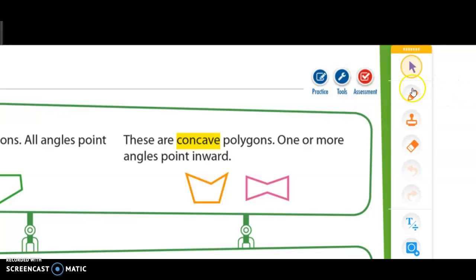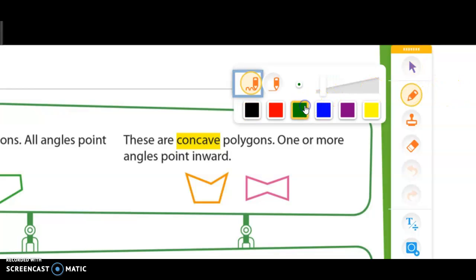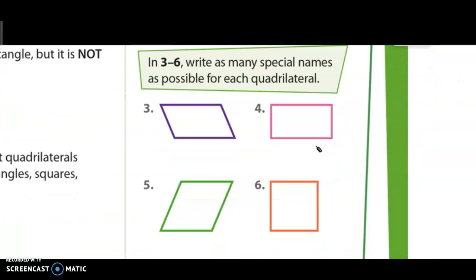And then over here, remember how I kept saying on the other page that things can have more than one name? Like a rectangle is a parallelogram, but the reason it has a specific name of rectangle is because it has 4 right angles. Well, we can name quadrilaterals any of those things and still be correct, as long as they fit the attributes of that shape. For example, number 3 here is a quadrilateral for sure.